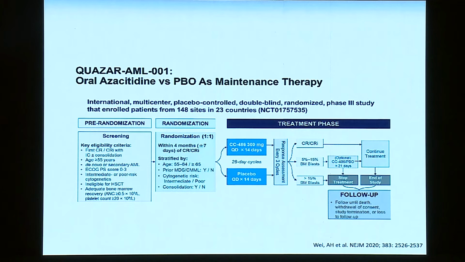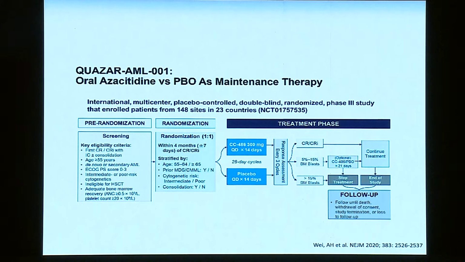It was for patients in first remission, age above 55, taking de novo and secondary AML. If the patient achieved remission, they would randomize the patient after remission, not at diagnosis, within 4 months, so 120 days, one-to-one.